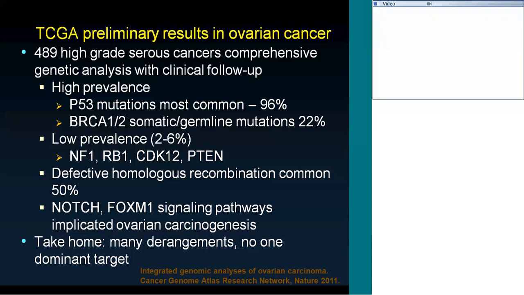I think it will be no surprise to anyone when I show you the next picture that there was a little bit of disappointment at the wide range of things that are wrong in ovarian cancer. And what is clear is there's no one dominant target or no one dominant mutation that will be the sort of band-aid for everyone.